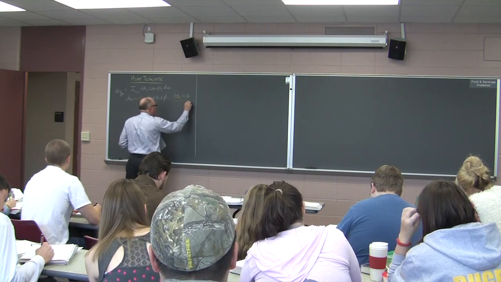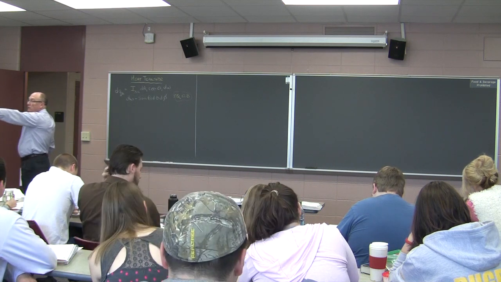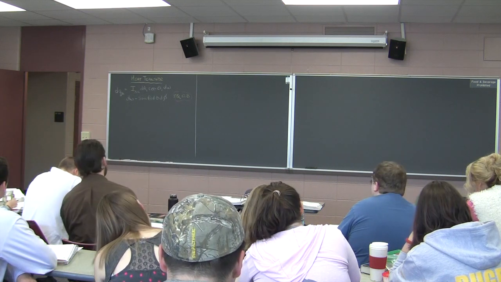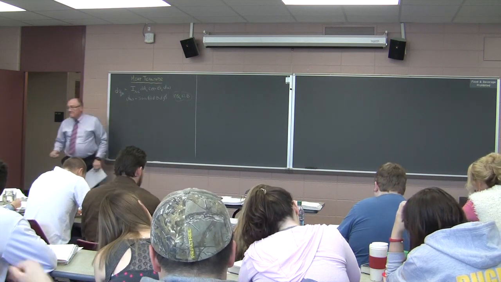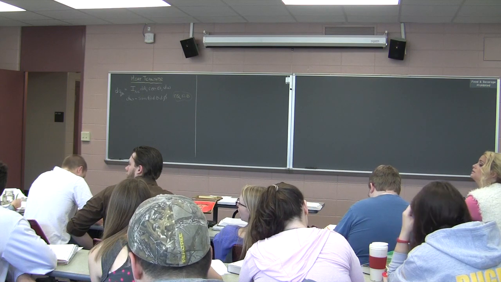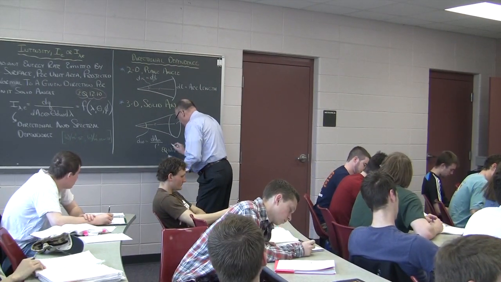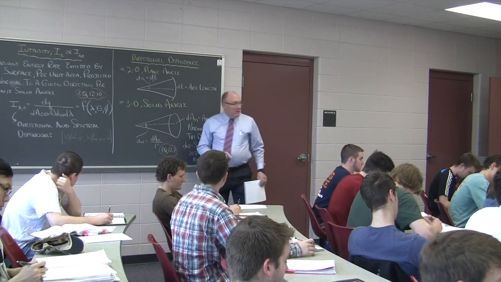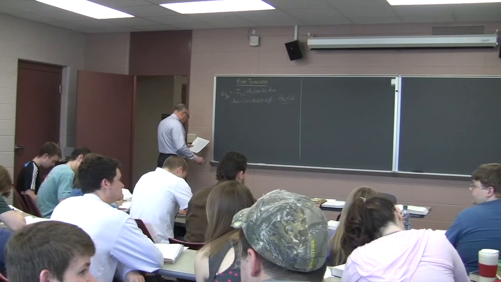This comes from the equation that I wrote over there, which is equation 12.7. The derivation of that is in your textbook. All right? I'm going to make that substitution.